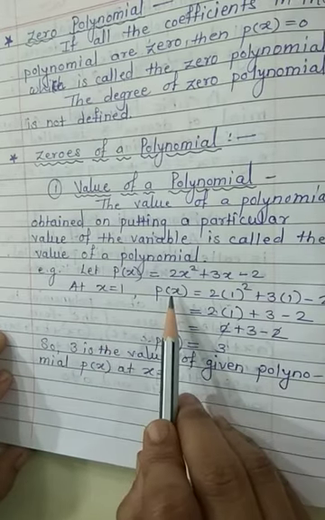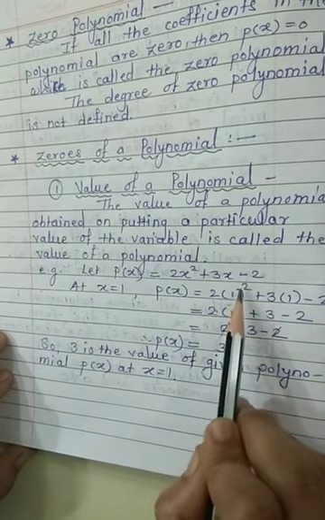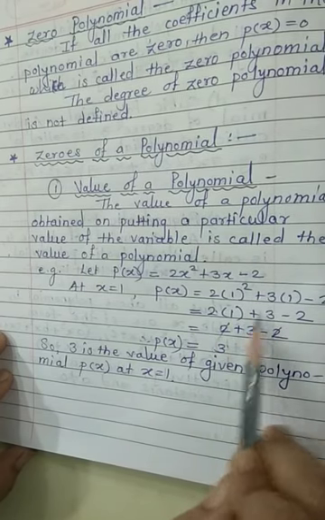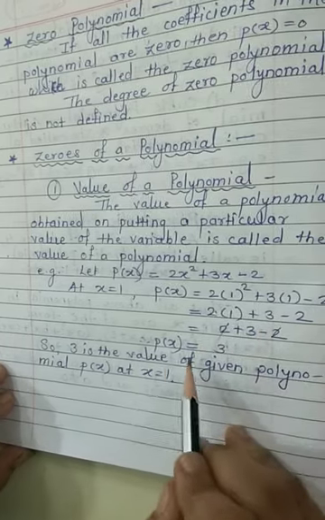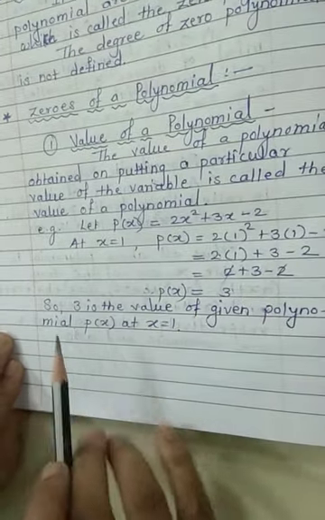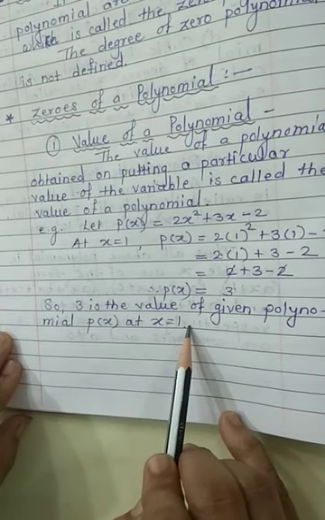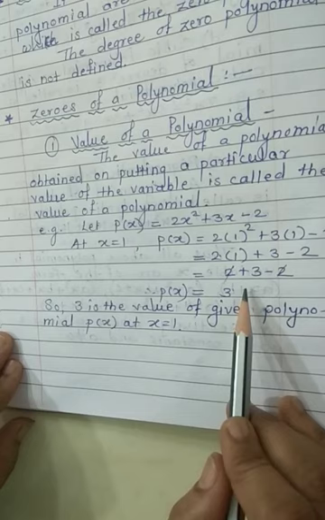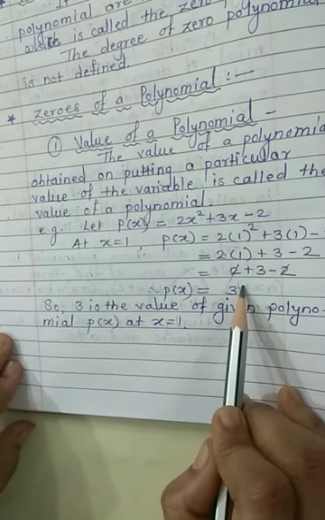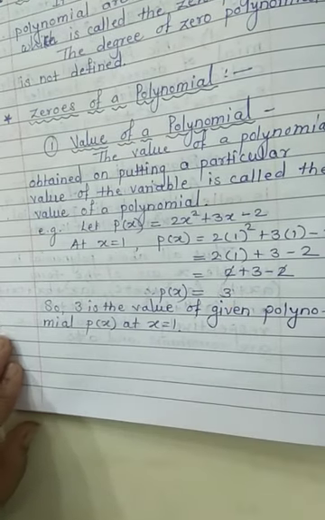So P of x is equal to 2 into bracket 1 square plus 3 into 1 minus 2. This calculation gives us P of x is equal to 3. So 3 is the value of the given polynomial P of x at x is equal to 1. This is the value of a polynomial by putting the value of the variable.